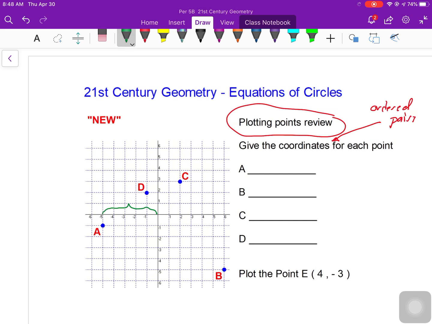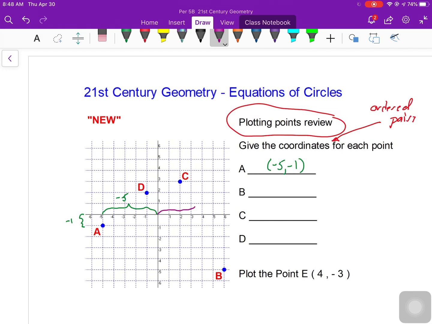So for the point A, you can see that it has moved left 5, and then it's moved down 1. If it's moved left 5, that's a -5 in the x, and down 1 is -1 in the y. So the ordered pair for A would be -5, -1.